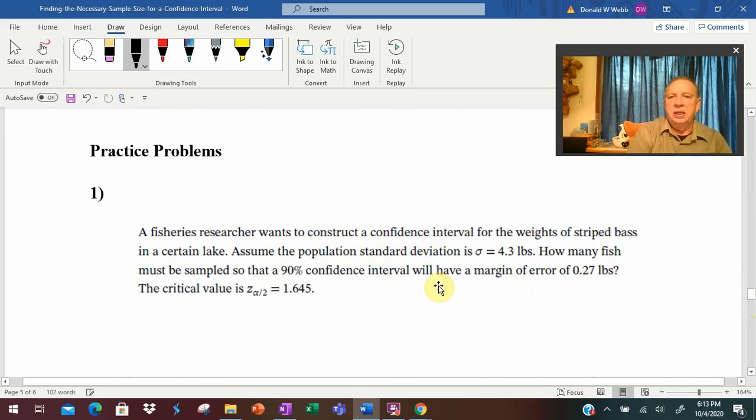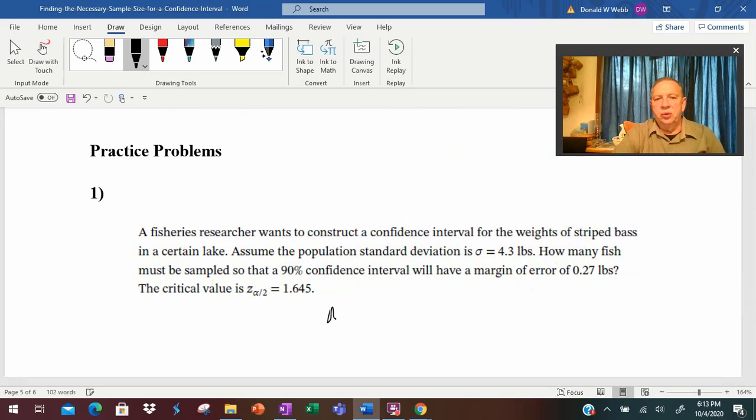Confidence interval. How many fish must be sampled? Give me the n. I want to do this for the weights of striped bass. So I want to do a mu confidence interval of X bar minus E, X bar plus E. I'm given E, and I want to find the sample size that I want to go out and calculate X bar.